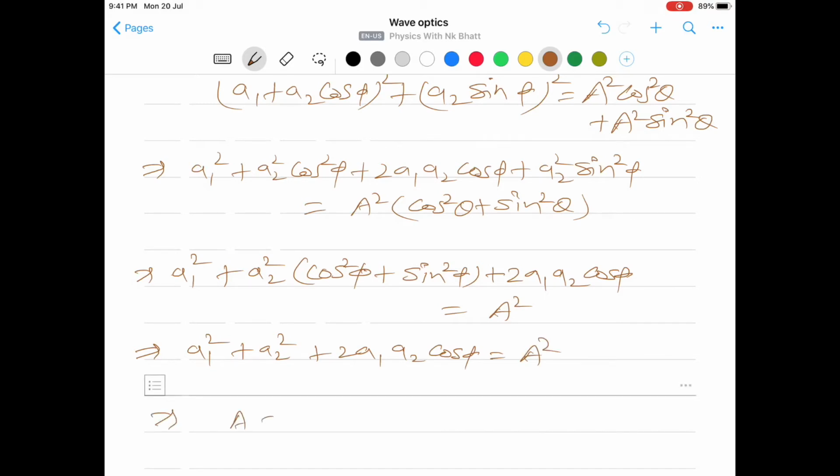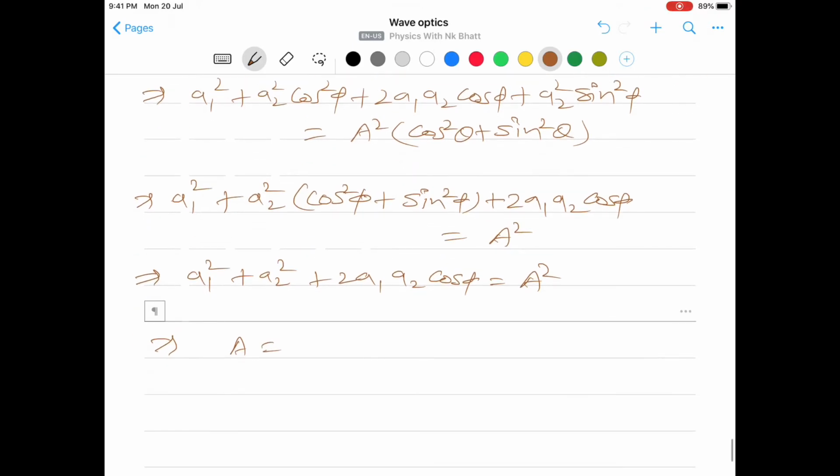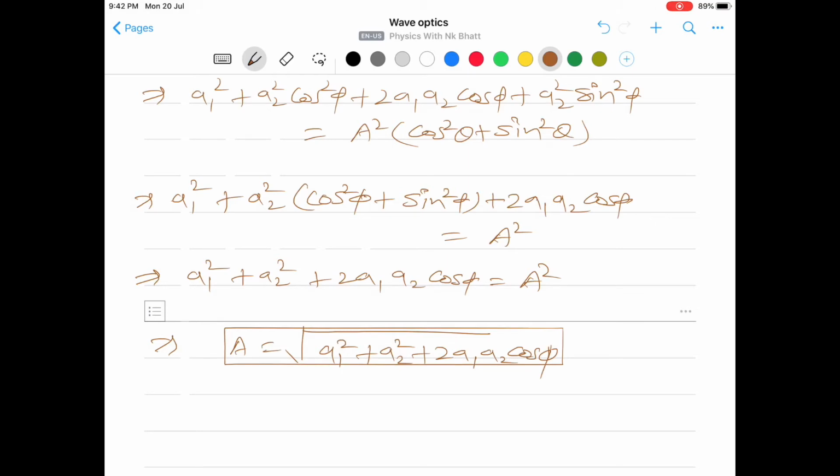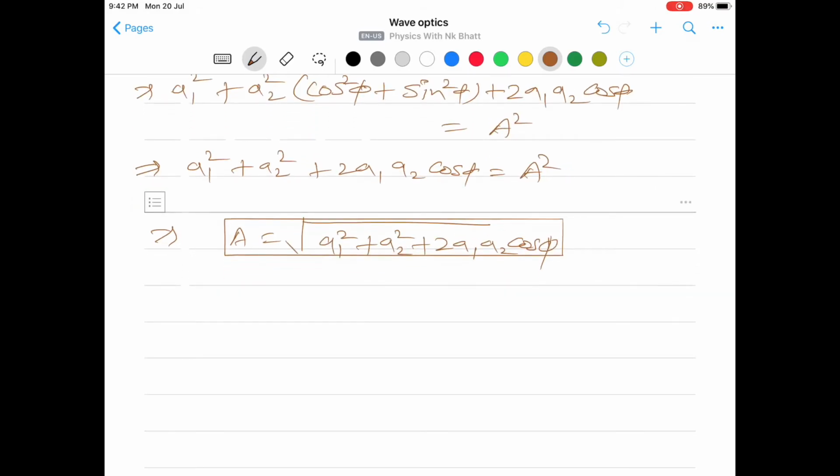It means a is equal to under root a1 square plus a2 square plus 2a1 a2 cos phi. So this is the equation of the amplitude of the resultant wave. Then we can find the phase difference also.